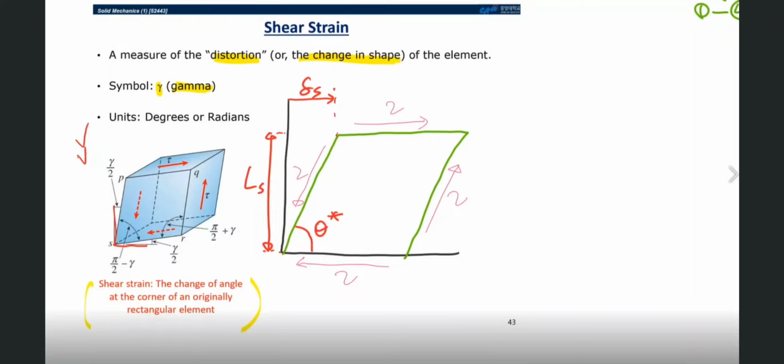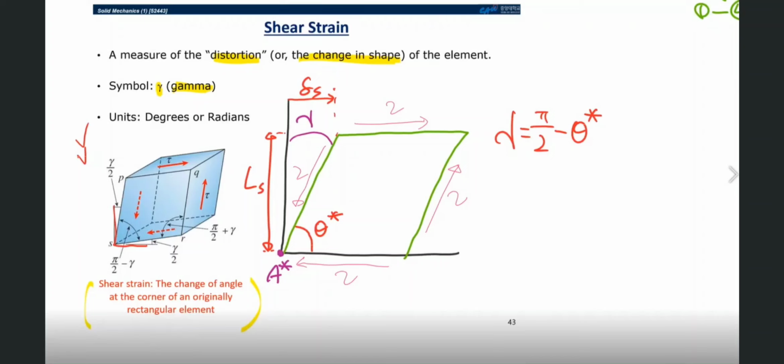Then in this case, we can define the gamma, right? Okay, and I would like to highlight the reference point as A star. In this case, the shear strain at the point A star is defined as the change in angle between two originally perpendicular line segments that intersect at A. So, mathematically, the shear strain can be defined as gamma is equal to pi over 2 minus theta star.